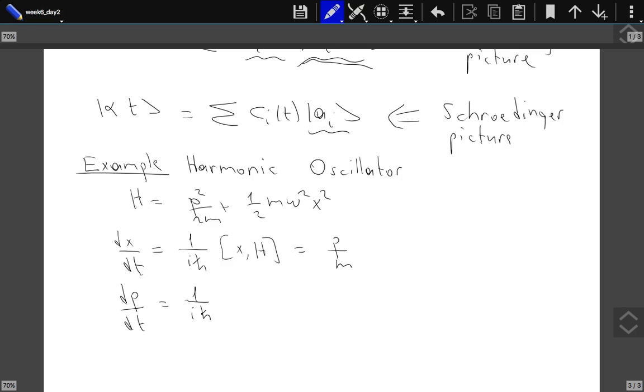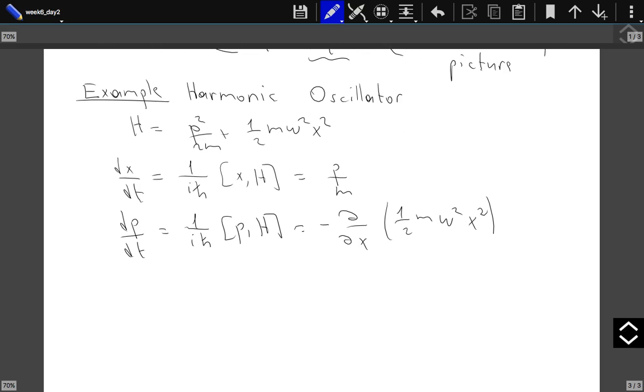Well, it is still 1 over i h bar, the commutator of p with H. And if you calculate it, it just turns out to be minus del over del x of 1 over 2 m omega squared x squared. So dp by dt is just minus m omega squared x.